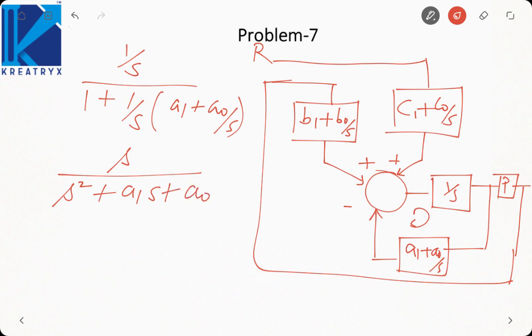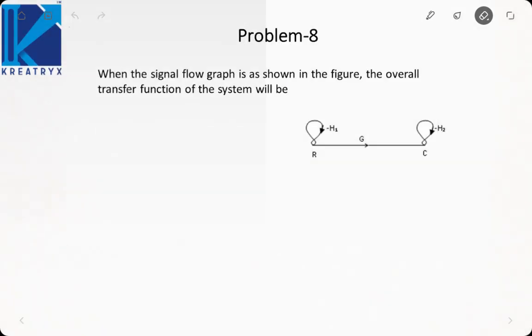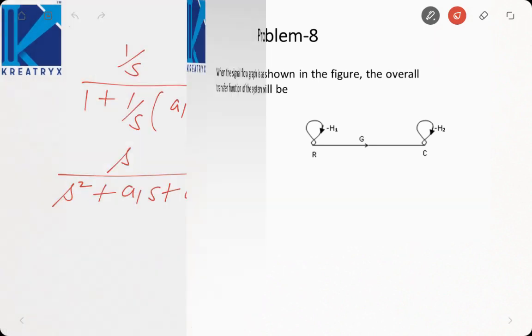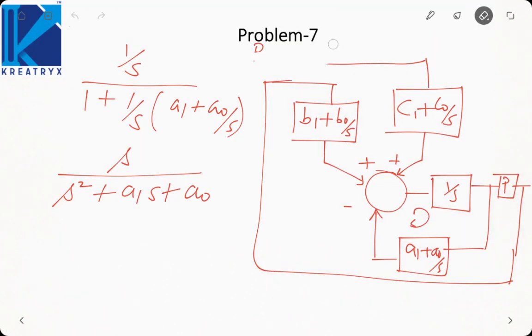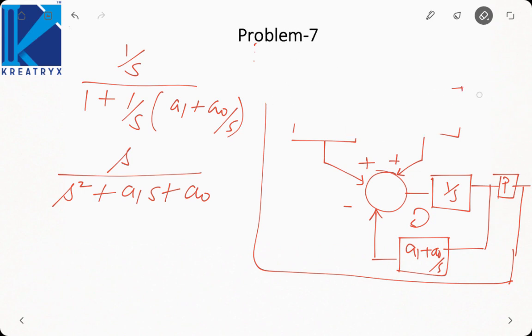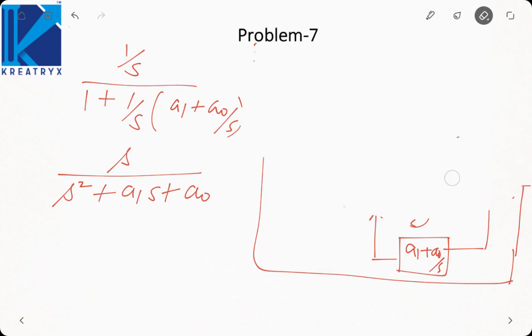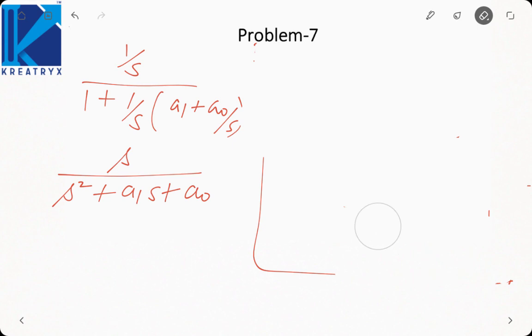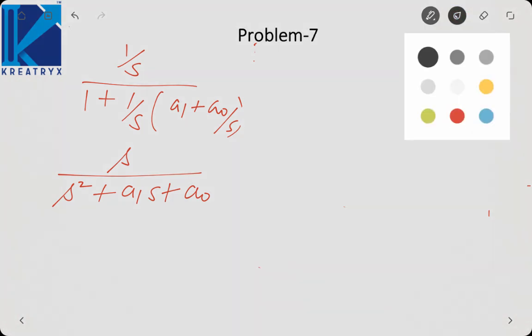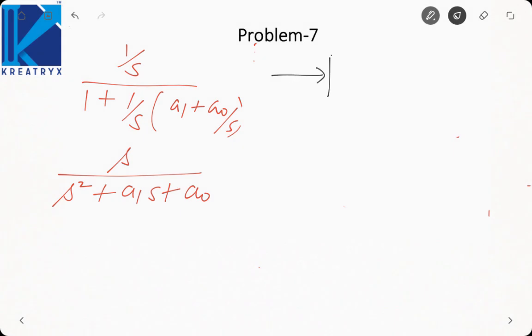Okay. So how would my transfer function or how would my block diagram now look like? Let me rub this and draw the equivalent block diagram. How it would look like. So input is coming here.